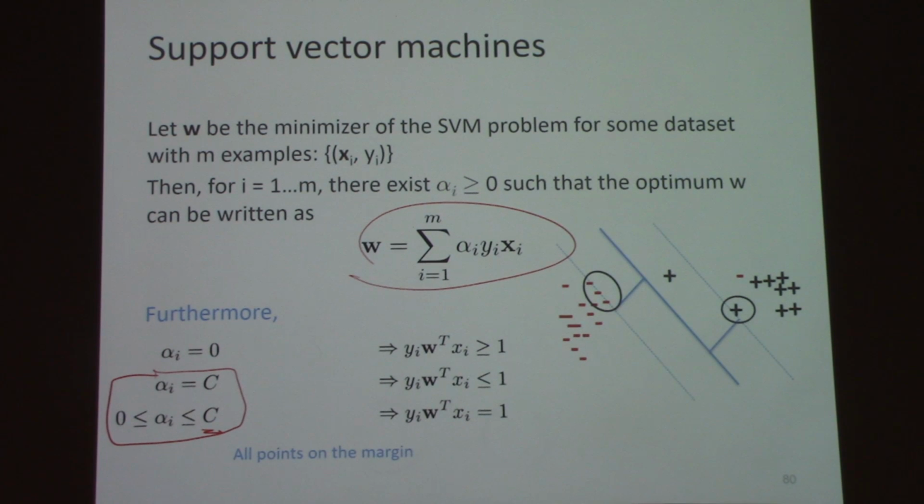So if alpha equals 0, that point is irrelevant. The only points that become relevant at the end of the optimization are points that are on the margin or points that are incorrectly classified. Make sense? Questions?